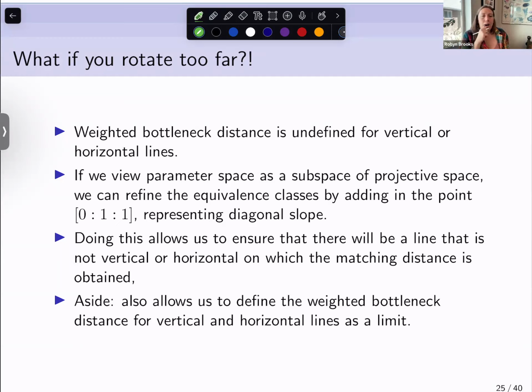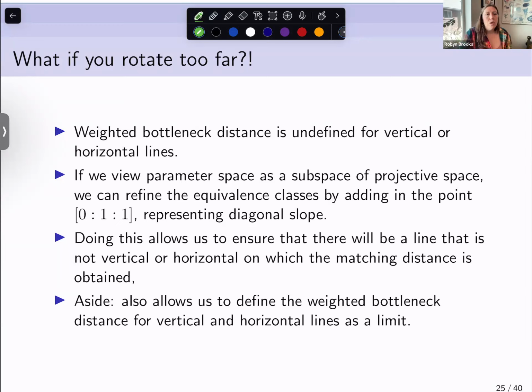So it's not clear that we always have to include the diagonal. There are definitely toy examples and edge cases where the matching distance truly is only obtained on a diagonal line, and you do have to add that in. But we're going to see that this partitioning of equivalence classes via slope actually makes some sense with the framework that I'm going to tell you about in a second.